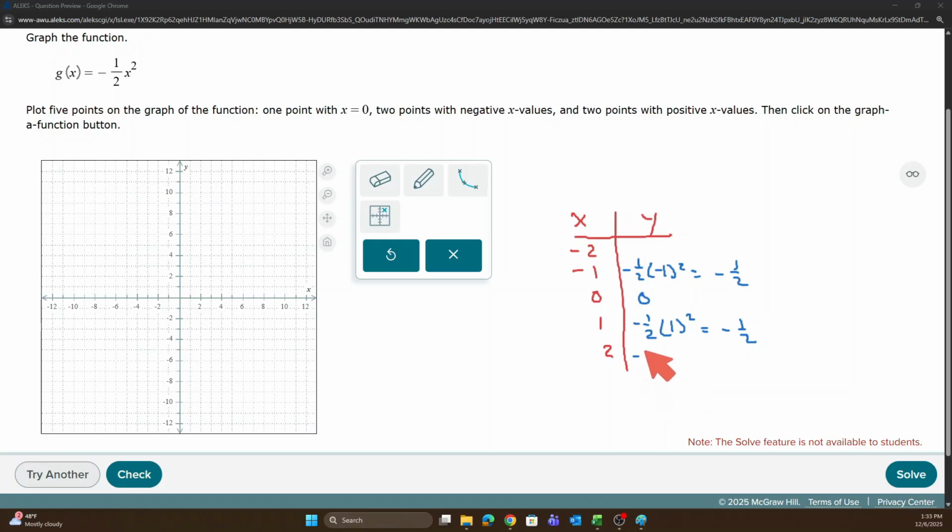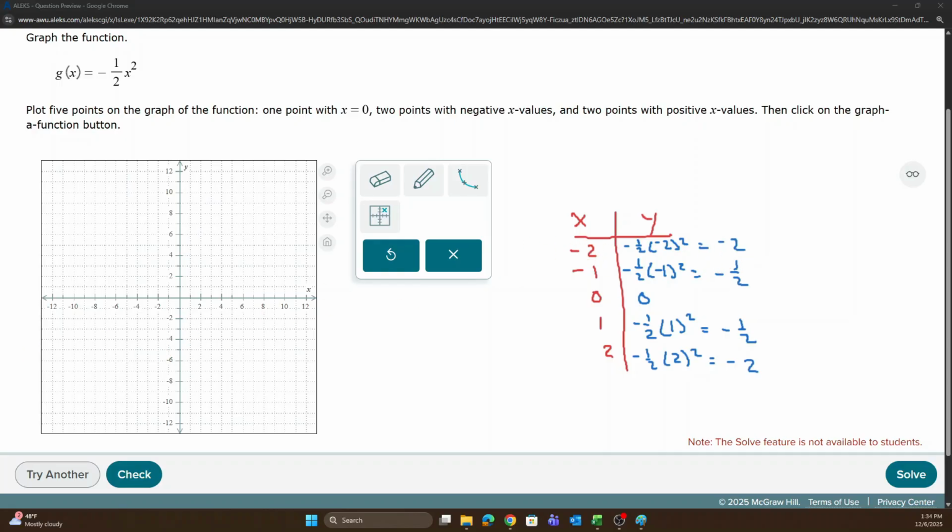Down here we're going to have -1/2 times 2 squared. First off, 2 squared is 4. 4 times 1/2 is 2, so -2. And -2 squared is going to give us -2 again.